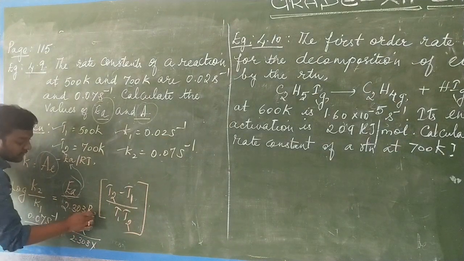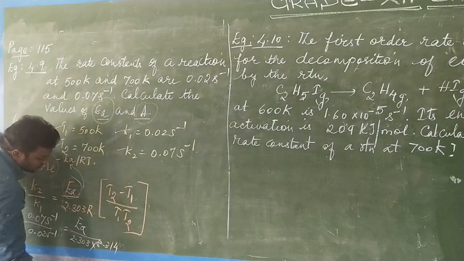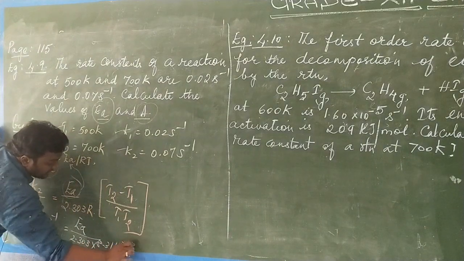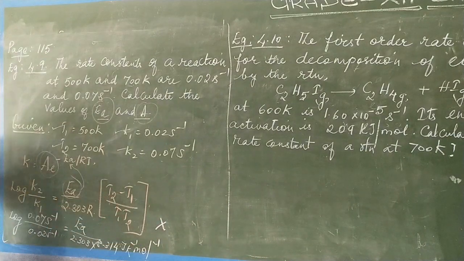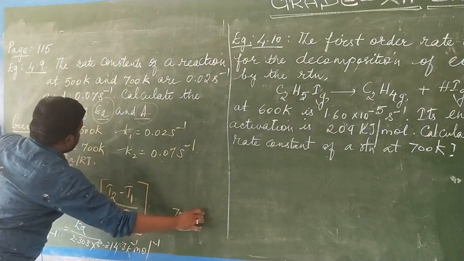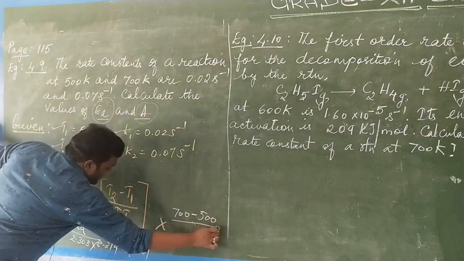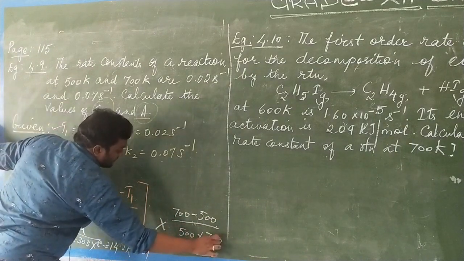What is the R value? The gas constant, that is 8.314 joules Kelvin inverse mole inverse, into T2 minus T1, that is 700 minus 500, the whole divided by T1 into T2, that is 500 into 700.